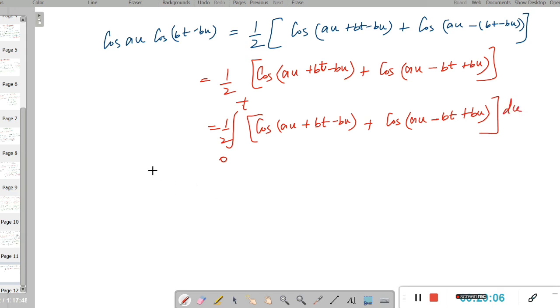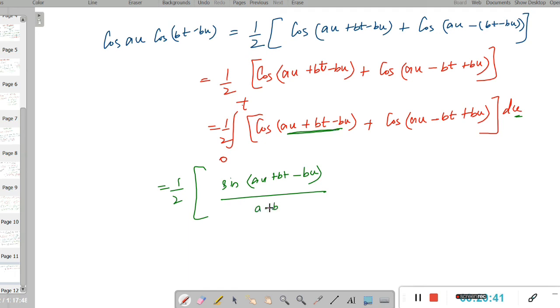So it is a standard form. You can apply the integration formula: integration of cos ax with respect to x is sin ax by a. By using that formula, you get sin au plus bt minus bu divided by, since we are integrating with respect to u, you have to differentiate this term. The differentiation of au plus bt minus bu with respect to u is a minus b.